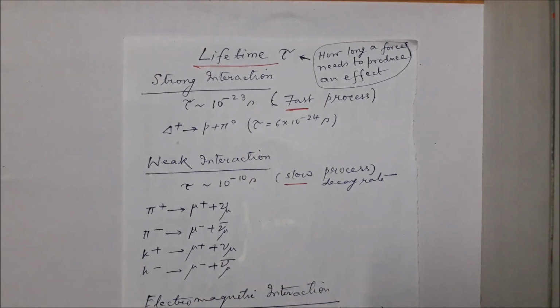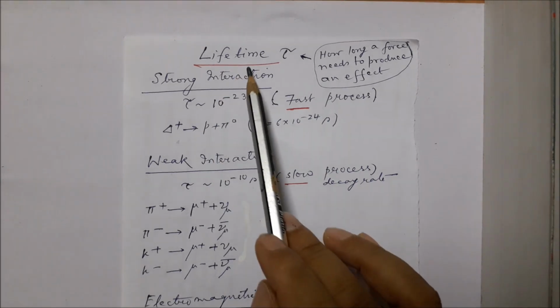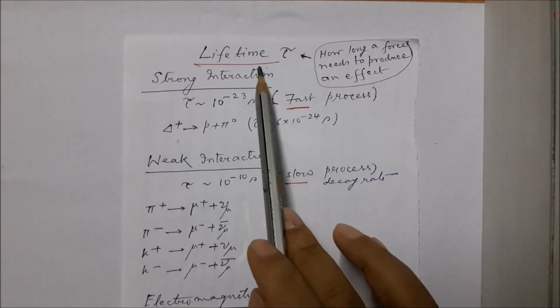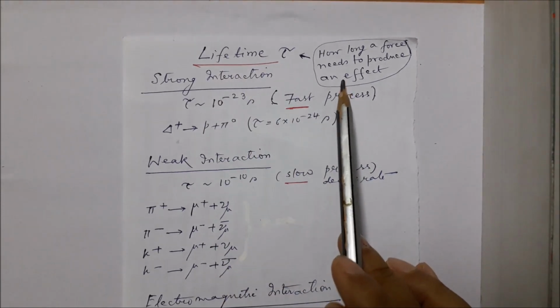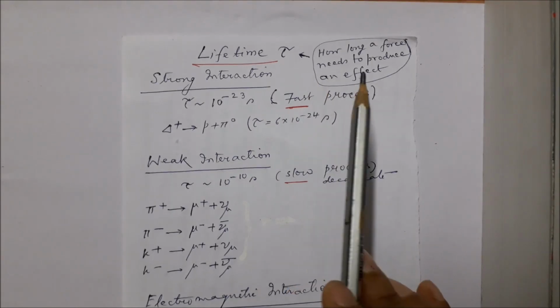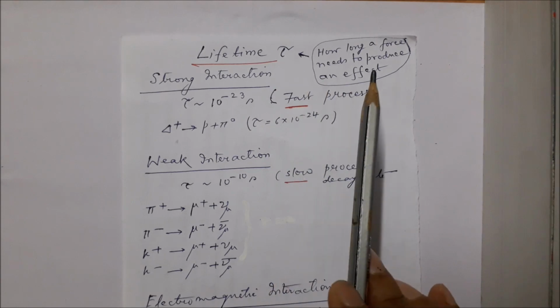Now first, let us focus on what we mean by a lifetime of an interaction. Lifetime of an interaction refers to the period of interaction, the time needed for some interaction to produce its effect.